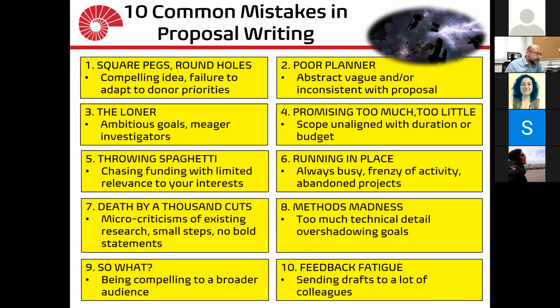So I would say find a balance in terms of the amount of feedback you are getting before you submit. But of course, make sure you get feedback before submission, if you can.